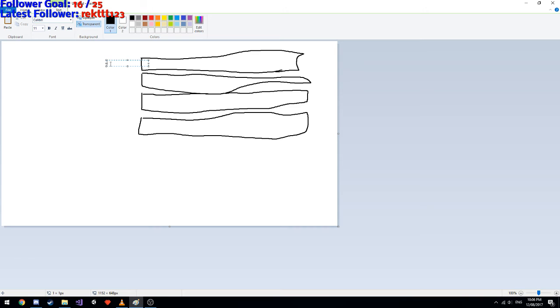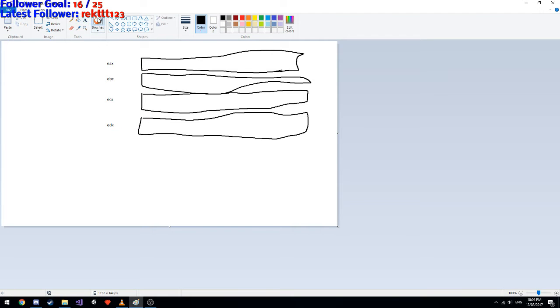We've got EAX, EBX, ECX, and EDX. These are our sort of four basic registers. Now, what these basically are is spots for you to store bytes of information, or bits of information really, since generally a register is actually not too large.